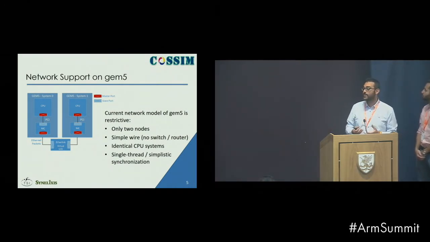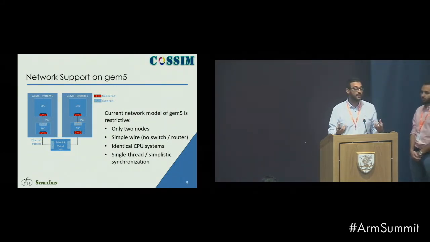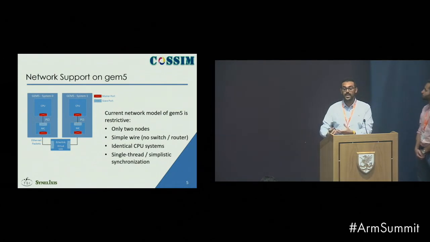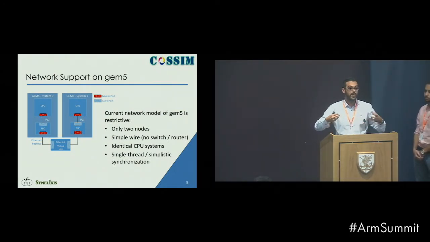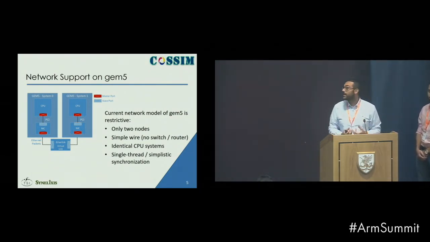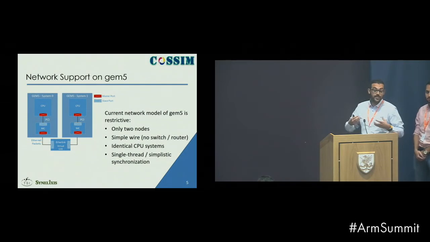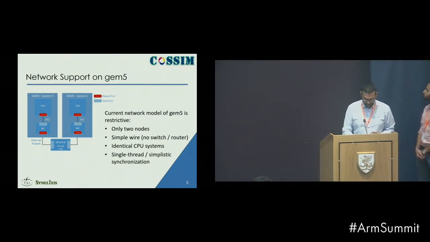And the major restriction is that only 2 similar systems can be simulated, either the same ARM processors or the same x86 processors, with the exact same configurations. And there is no way that you can have a more complex topology.